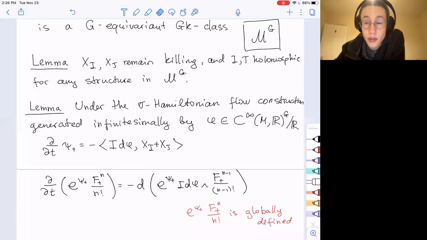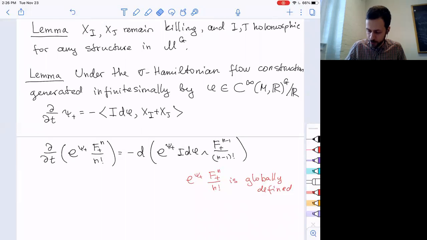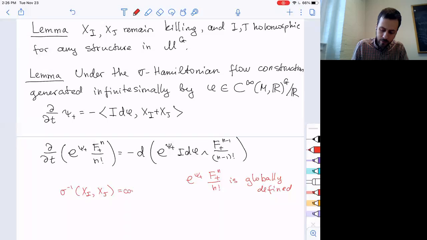Is there something in general? I don't know, honestly. What is true in general, I think, is that if you evaluate, oh no, actually, hold on. Perhaps on the non-degenerate locus where sigma is invertible, perhaps this is constant. I think this is the best you can hope for.